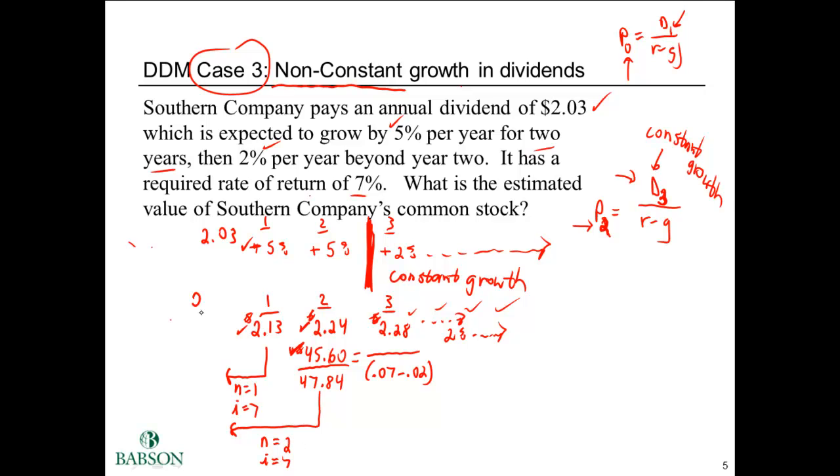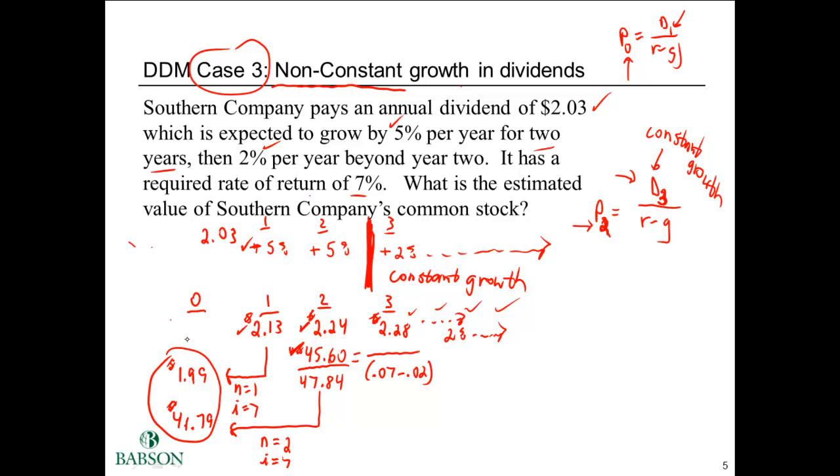So we're finding the value of each of the future cash flows that we're expected to get. So the first dividend, when we pull it back 1 year at 7%, we find that it's worth $1.99 to us today. And the $47.84, pulling it back 2 years at 7%, that would be worth $41.79 to us today.